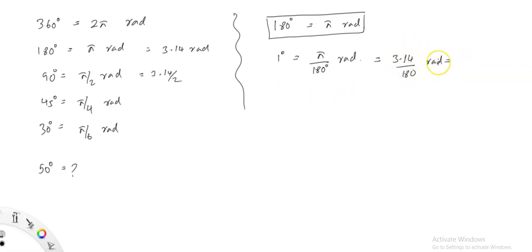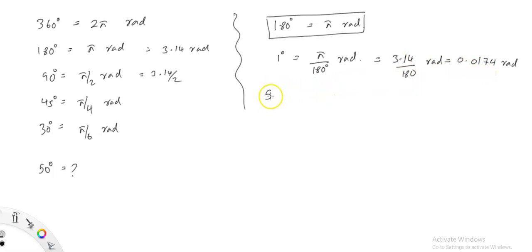Or let's divide it and see what 1 degree is. 3.14 divided by 180 equals 0.0174 radians. 1 degree is a small fraction of a radian, right? So this is the radian amount.